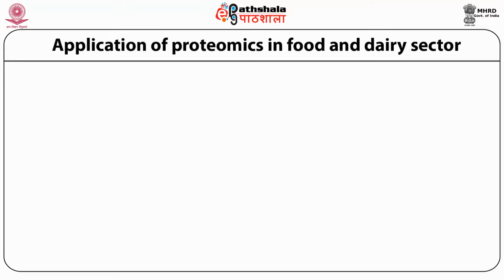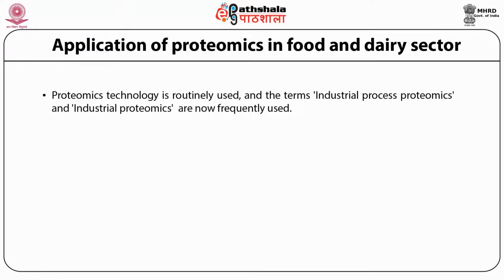Now coming to the most catching area of biotechnology, that is the use of proteomics. The next topic is the application of proteomics in the food and dairy sector. Proteomics technology is routinely used, and the terms industrial process proteomics and industrial proteomics are now frequently used.